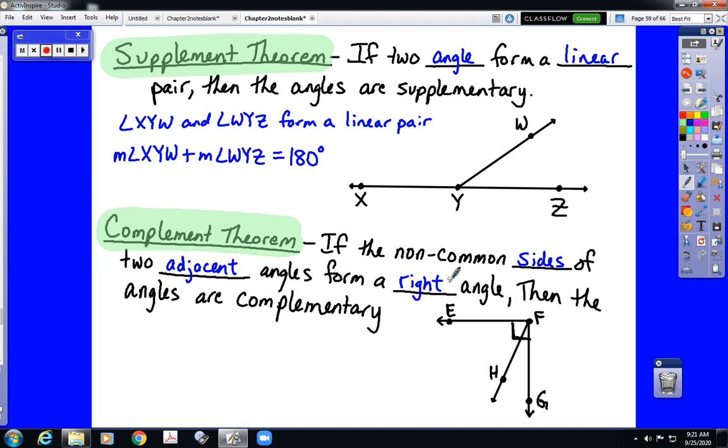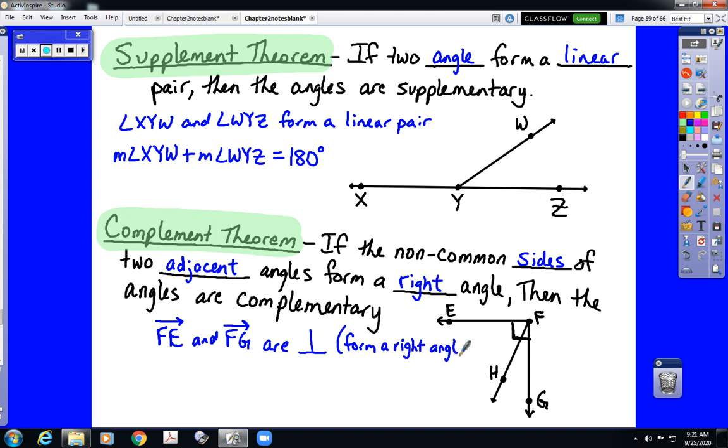In that picture, the common side of the 2 adjacent angles is ray FH. So the non-common sides would be ray FE and ray FG. Those are the non-common sides of those 2 adjacent angles. They are perpendicular, meaning that they form a right angle.